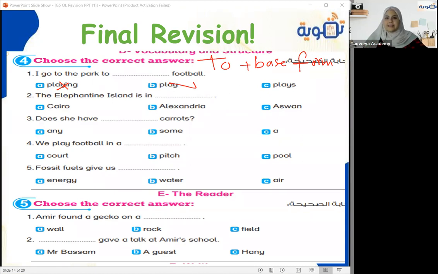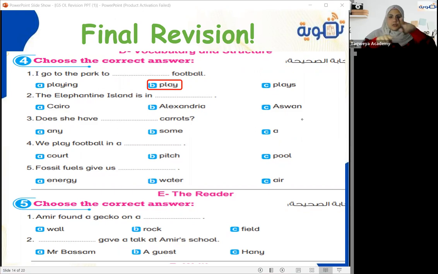So the answer here is play. Base form means that you cannot delete anything. Can you delete the Y? No. Can you delete the A? No. Nothing to delete, so that's called base form. So infinitive means to and the base form. To play, to go, to work.